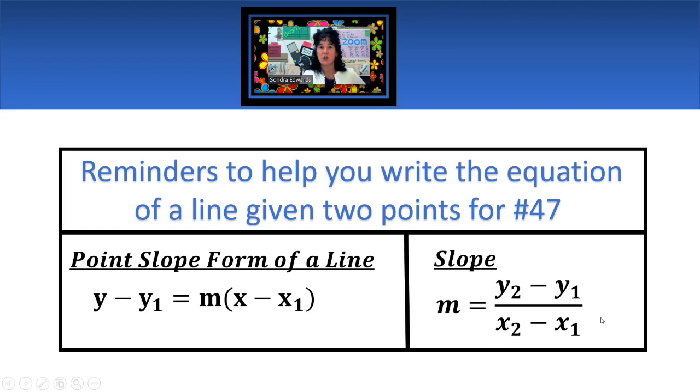You use this equation here to use your two coordinates, subtract the y over x minus x, and you'll have your slope. Let's just pretend the answer to the slope is 8. And let's say your original coordinate was (2, 5). Then you would say y minus the y coordinate, which would be 5, equals 8 times x minus 2, because the 2 would be the x coordinate.